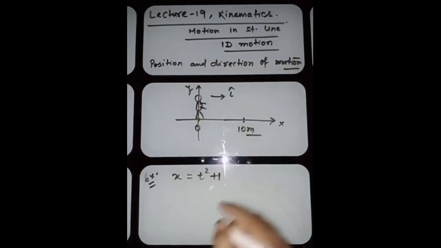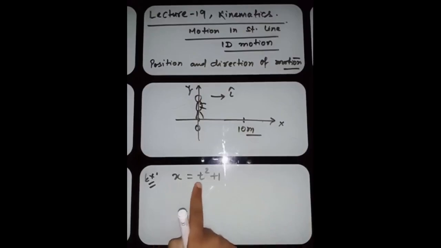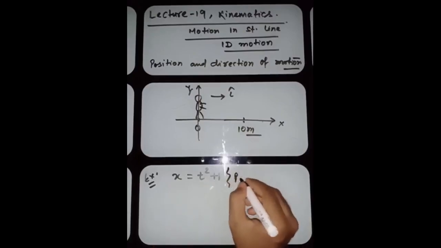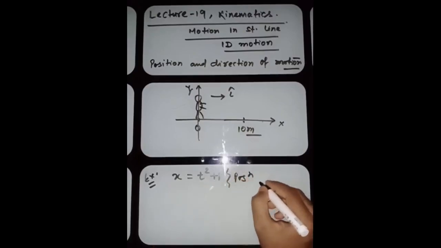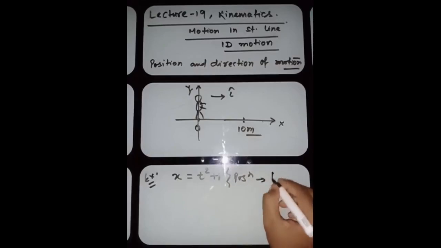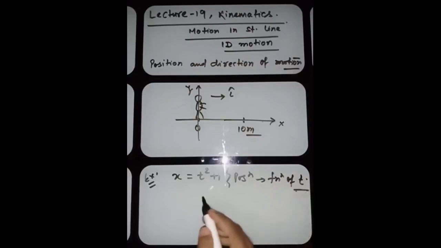Okay, this is the position which is a function of time. Position which is a function of what? Time. With time, this position is changing, which is t square plus 1.